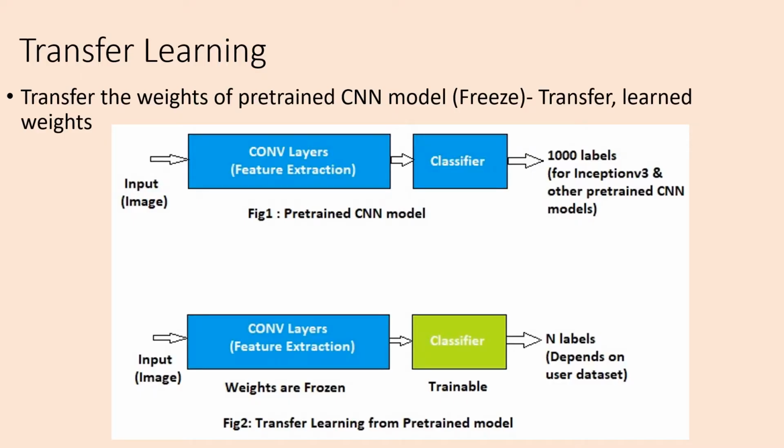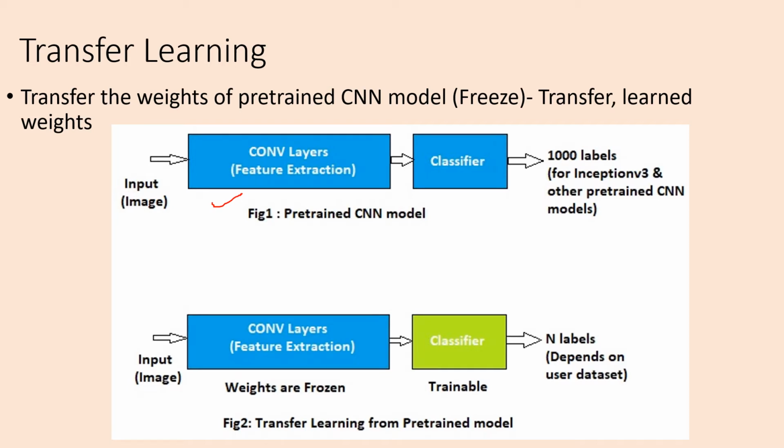This slide shows the second method of constructing, which I just explained, called transfer learning. In the case of transfer learning, let us say this is the pre-trained CNN model. It has a feature extraction section and a classification section.